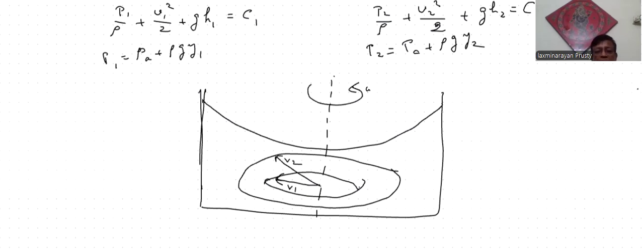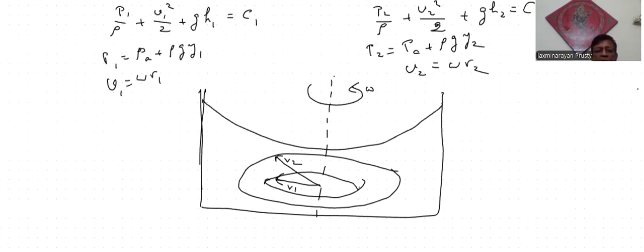Each liquid circle, each circular path, is a circular streamline. All circular streamlines are rotating with the same omega. So V1 I'll write as omega R1 and V2 I'll write as omega R2.